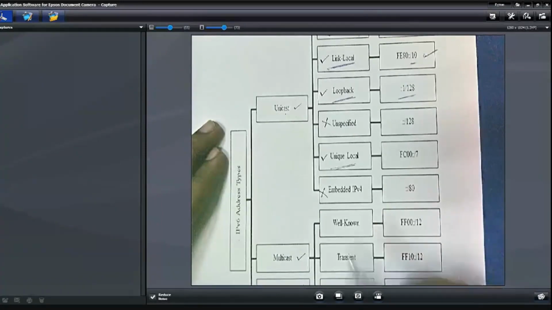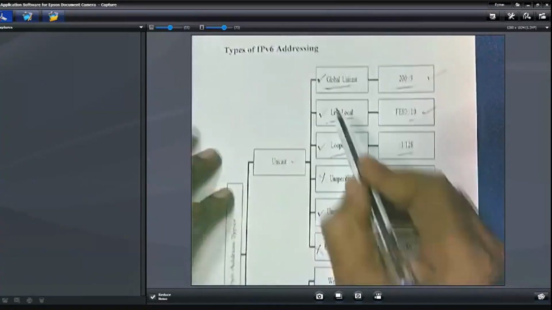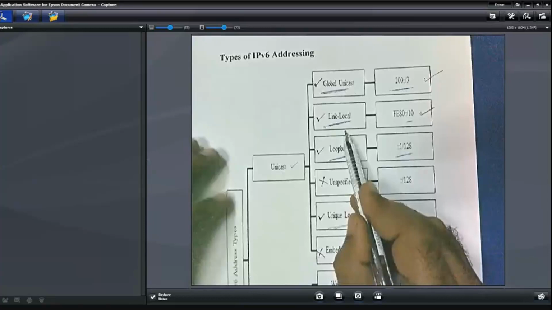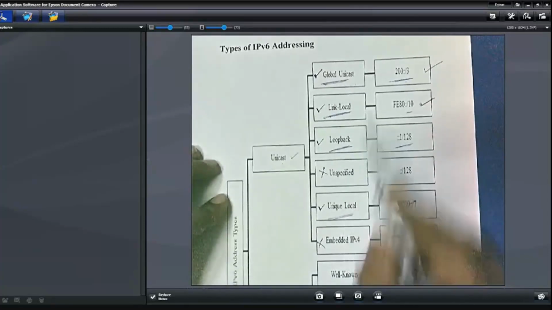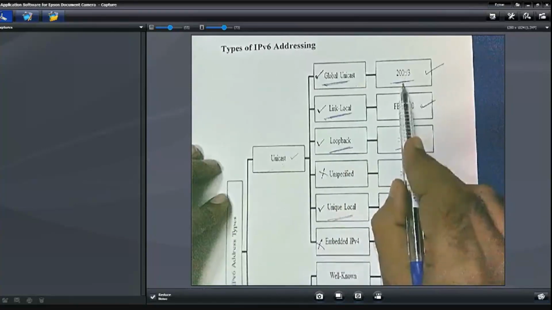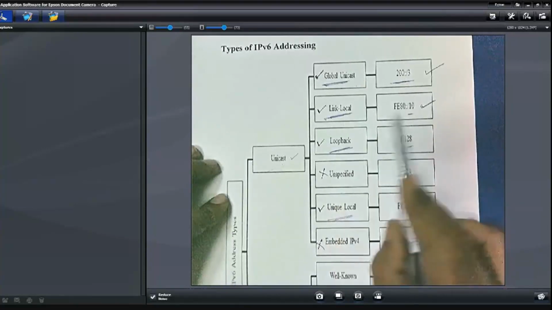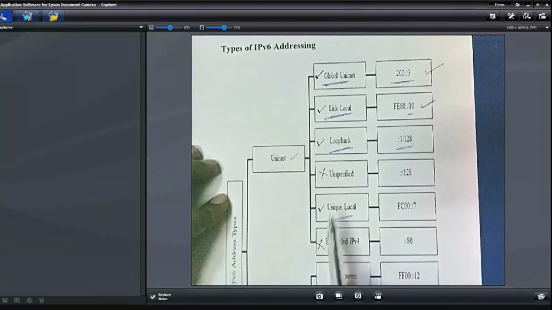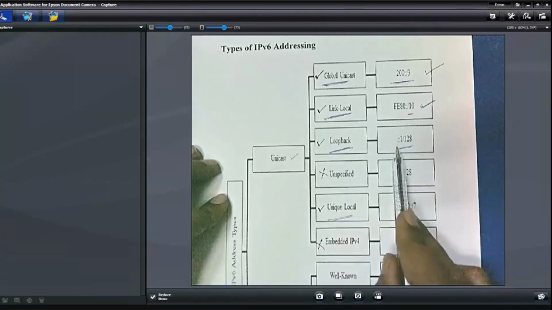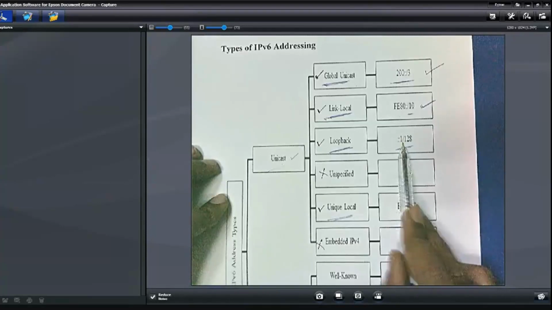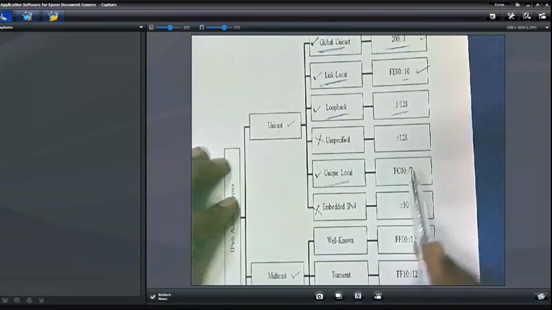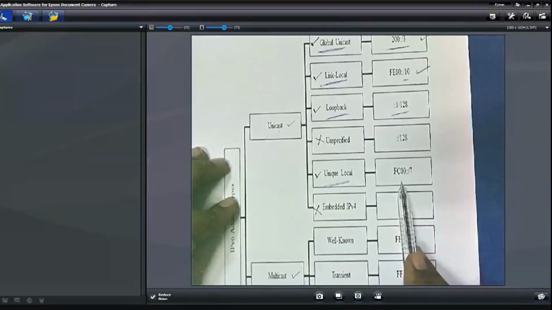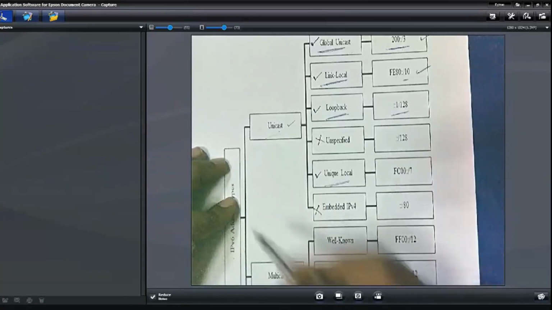Write only these four in unicast: global unicast 200, link local FE80, loopback all 127 bits 0 with only the last bit 1, and unique local FC00.